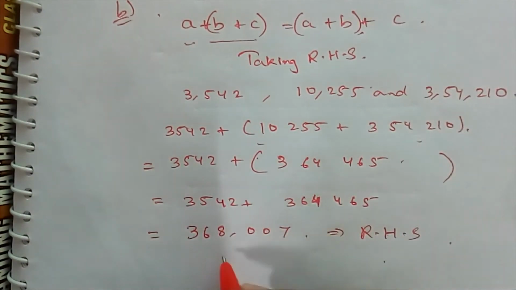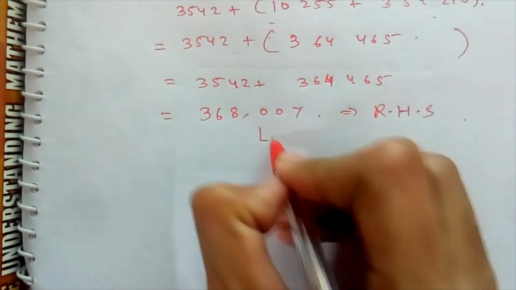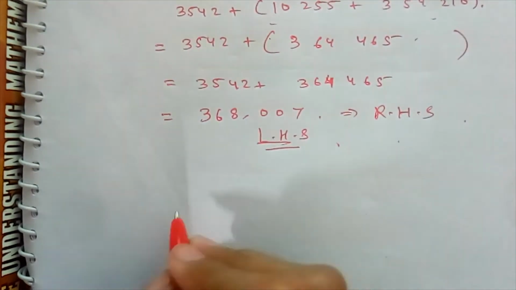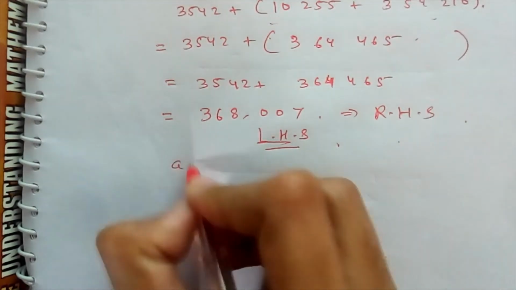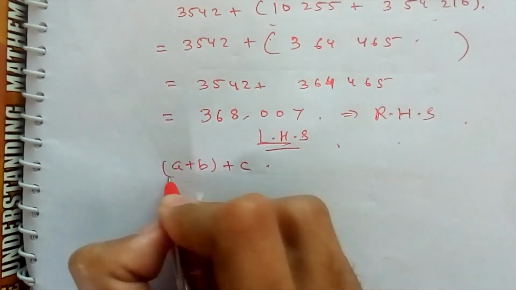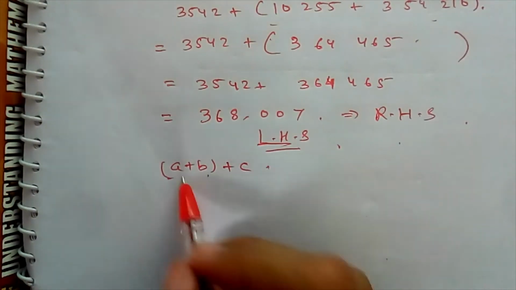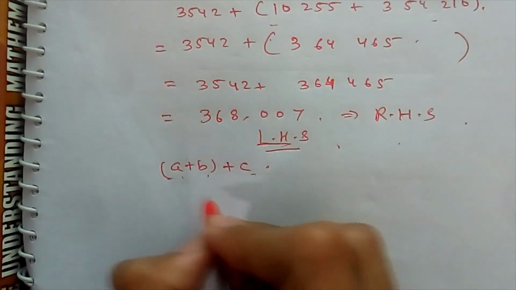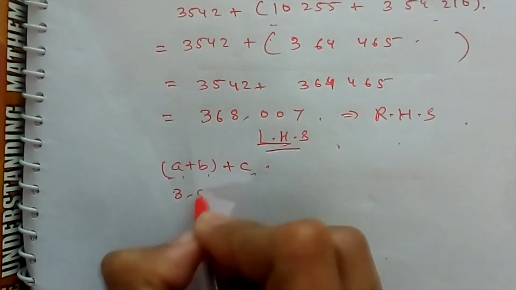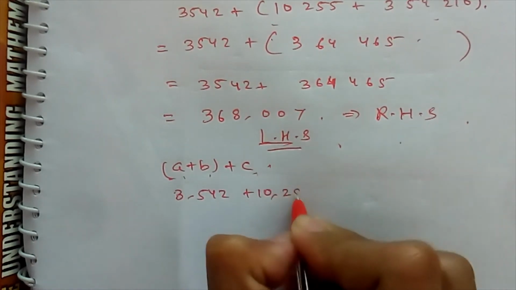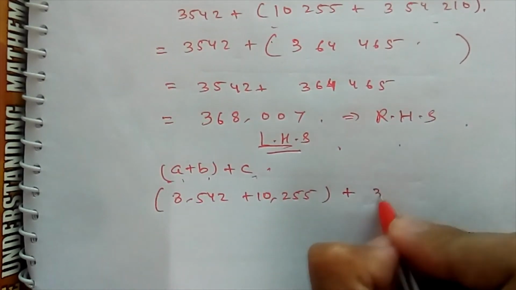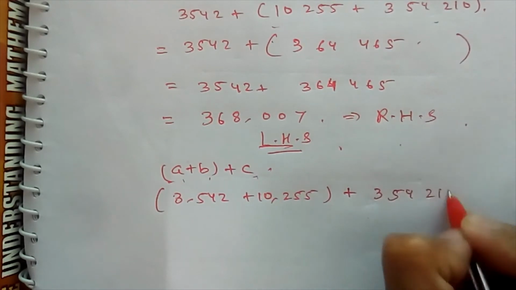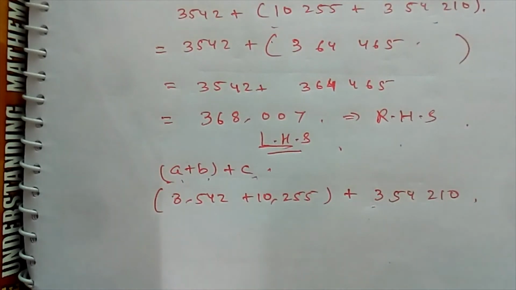Now quickly do the left hand side, LHS. For the left hand side we will first add A plus B and then the answer will be added to C. Just quickly write A plus B and add these two both, and then we will add the result to C, that is 354210.